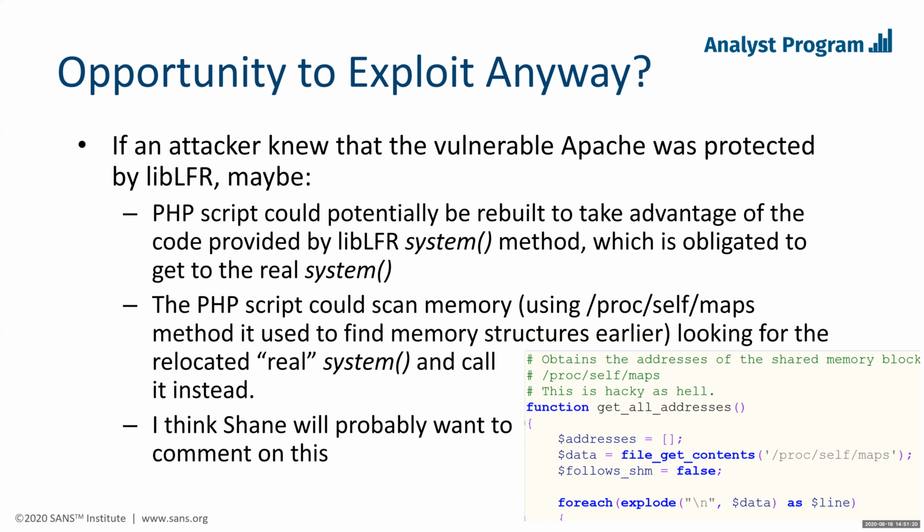I'm going to say my last couple of things on the description of the attack and the mitigations, and then I'm going to ask Shane to comment before I do my final conclusion, just because this stops the exploit, which is exactly what the intention was. But the question would be, can the attacker figure out from where they are if they could do something different from within the running process in order to be successful in spite of the protections?